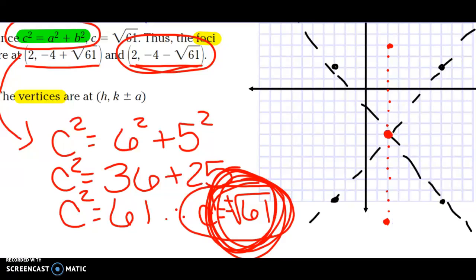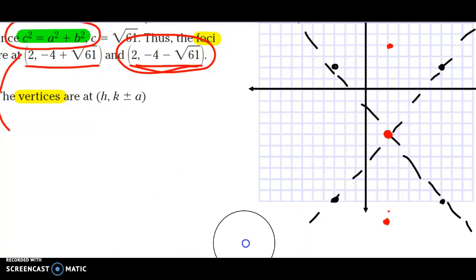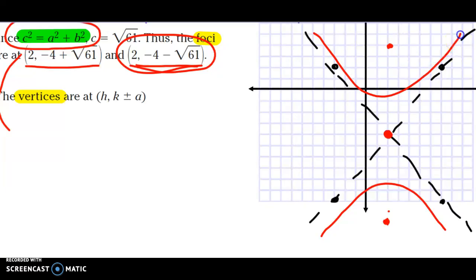So I don't really need any of this stuff here. Hold on one second. Let me get this right here. I'm going to erase some of this real quick. All right, so I know that my vertices are going to be between here, along there and along there.